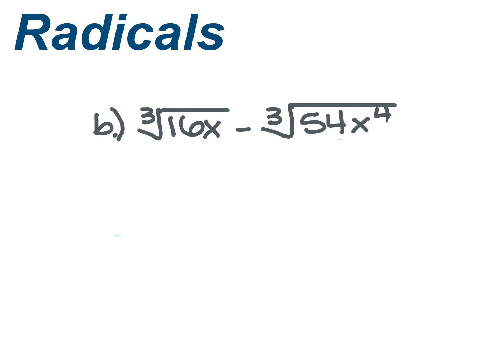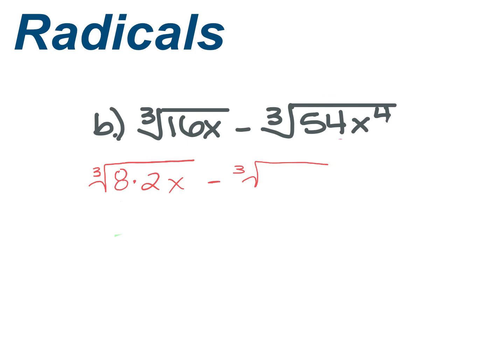Let's think about 16 and breaking it up into something that has a perfect cube in it. Well, we've talked about 16 already a bunch. What's 16 break up into? 8 and 2. Is 8 already a perfect cube? Yes, we've talked about this already. Now minus, I have 3 times the cube root of 54. What about 54?